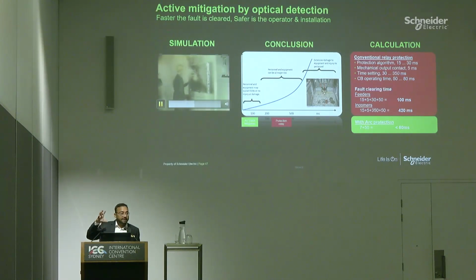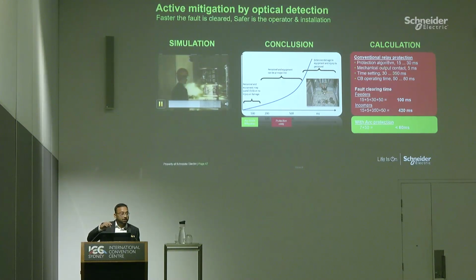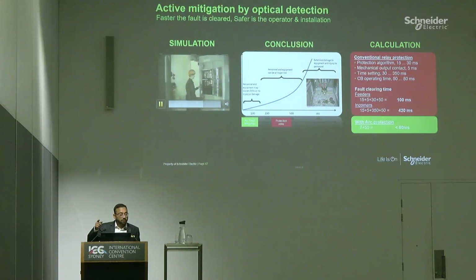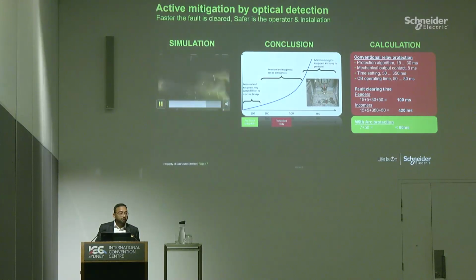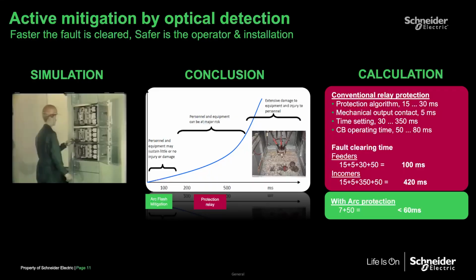Now, the intensity is increased severely, and you can see the damage has multiplied. And in the end, now we are talking about 500 milliseconds of exposure to a flashover. And in that case, you lose the life of the operator. At the same time, multi-million-dollar worth of equipment is no more there. So it's a huge capital loss. It's a huge life loss.